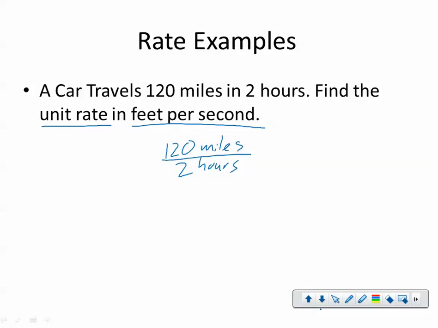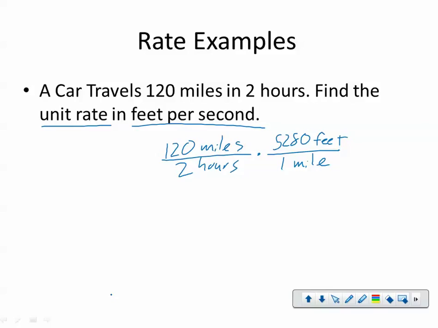Something that you might need to know to do this is how many feet there are in a mile. Well, as it happens, I know how many feet there are in a mile. You might not know this, but you might have to just look it up. There are 5,280 feet per 1 mile. And so this is going to help us to convert this into feet instead of miles.